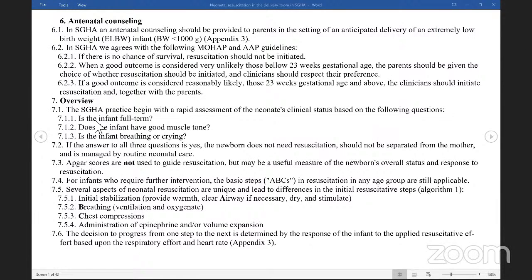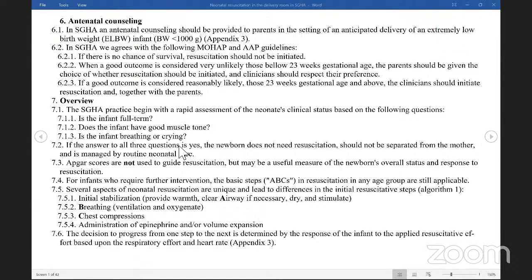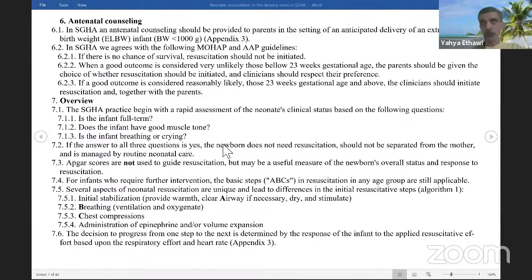Now the 3 questions are: Is the infant full term? Does the infant have good muscle tone? Is the infant breathing or crying? By then we decide, does the infant need resuscitation or not? If the infant does not need resuscitation, then he or she goes to routine care or well baby care with the mother.